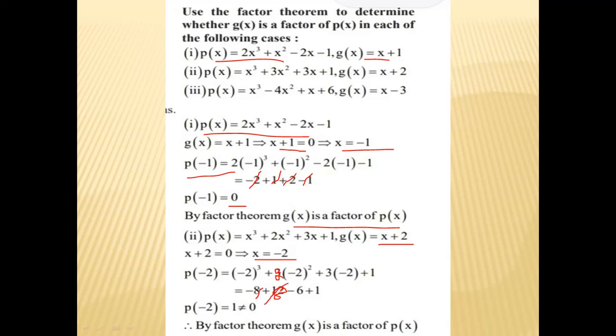Therefore the remaining is minus 6 plus 1, which is minus 5. Minus 5 is not equal to 0.